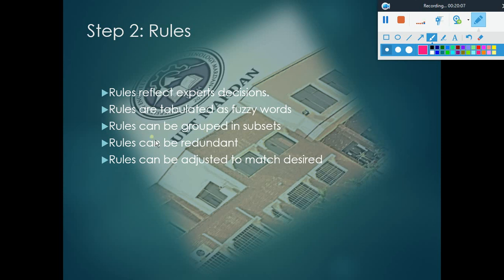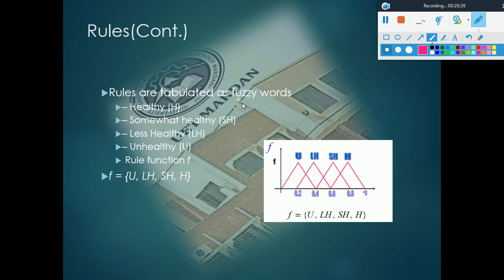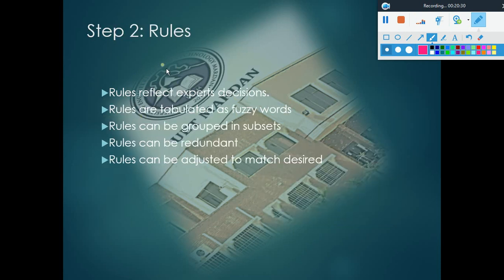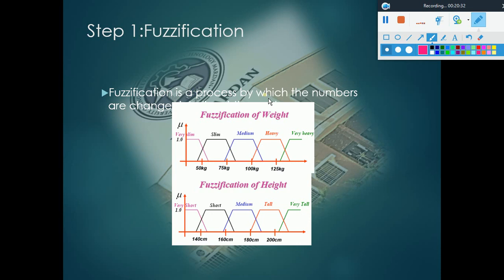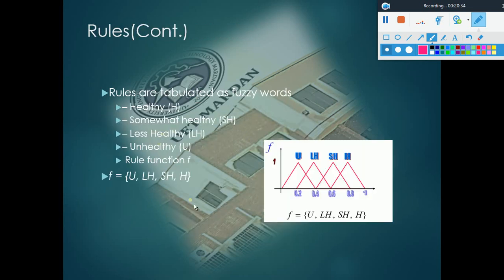Now Step 2: rules reflect expert decisions. Rules are tabulated as fuzzy words. Rules can be grouped in subsets. Rules can be redundant. Rules can be adjusted to match desired values. So these two are inputs, and here we have an output.